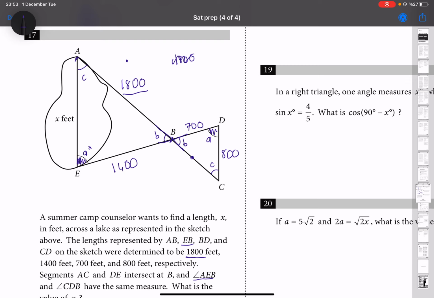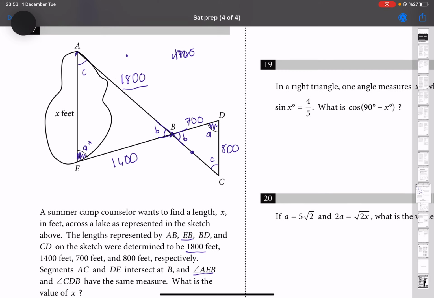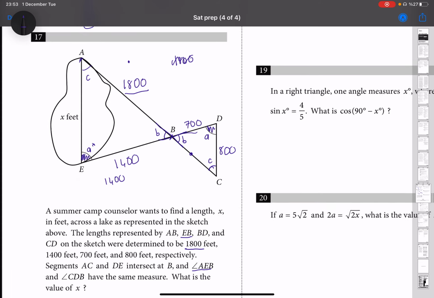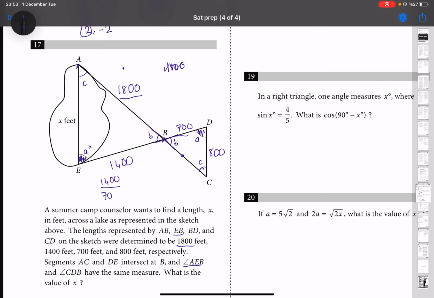Start with C. In the left triangle, C sees length 1,400. In this triangle, C sees 700. So this proportionality should be satisfied by the other side lengths too. So I want to find the side length seen by B, so let's write it.